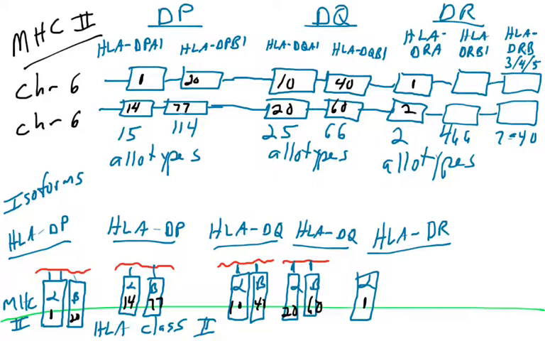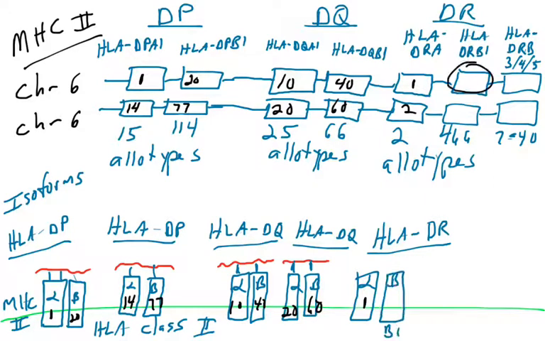It turns out there are 466 DRB1 alleles, and then anywhere from 7 to 40 DRB3, 4, or 5 alleles. Again, those are separate genes, and people typically inherit either DRB3 or DRB4 or DRB5. They're located in different parts of the genome. So people usually inherit one functional one of those, and the other two are non-functional.